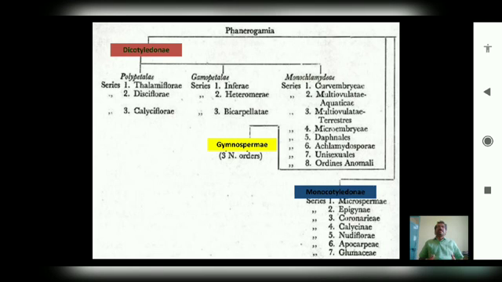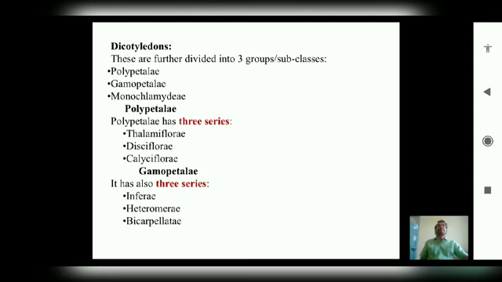Polypetalae has 3 series, gammopetalae also has 3 series, monoclamidae has 8 series, and monocotyledon has 7 series.